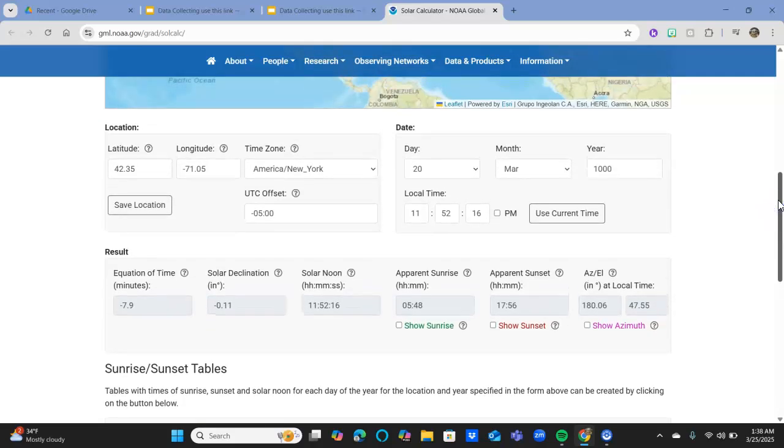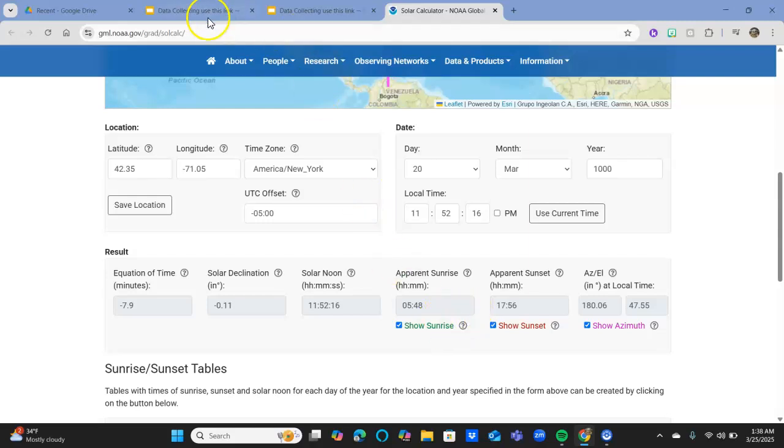Now, this is what this shows me. This is the sunrise time. Okay. This is the sunset time. It says apparent because we know it's not actually rising and setting, but it looks like it is. Right?